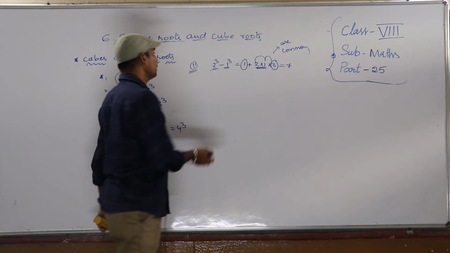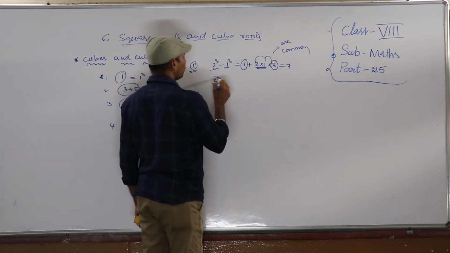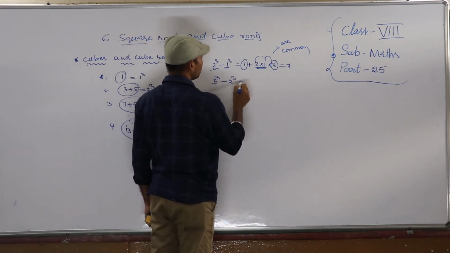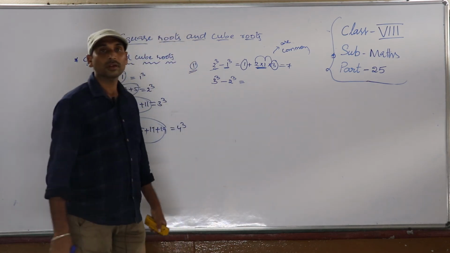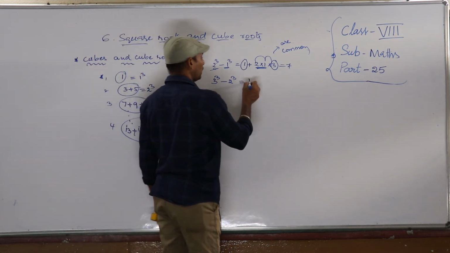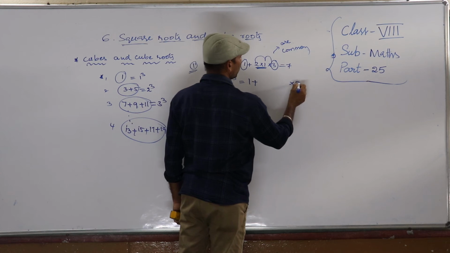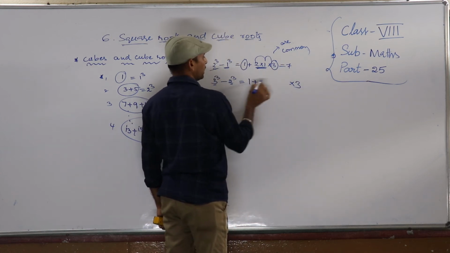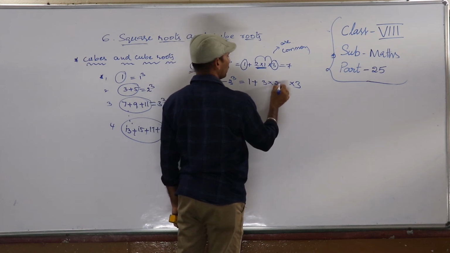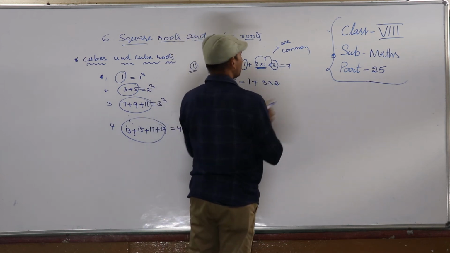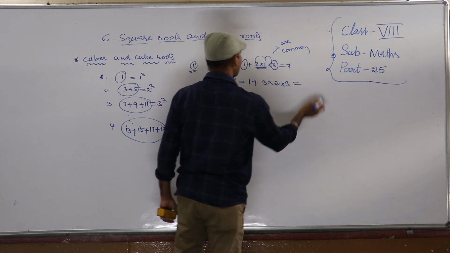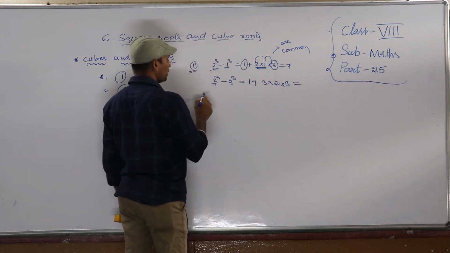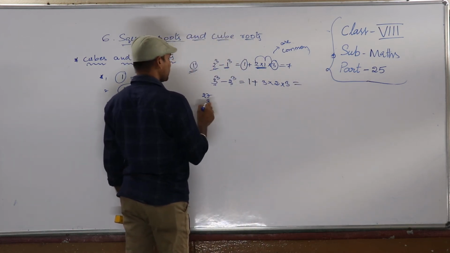Then let us see the next, 3 cube minus 2 cube. What will we write? 1 common and into 3 also common. Between these two, what numbers are we taking? 3 2s are 6. See, we get the same answer or not. 3 cube 27, 2 cube is 8.